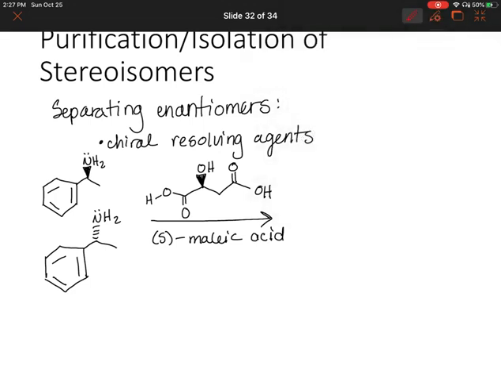Notice that there is a stereocenter there, and that is the S stereocenter. So again, nitrogen will come in and grab onto the most acidic hydrogen. That will leave behind a lone pair of electrons on oxygen, and we end up with a salt.